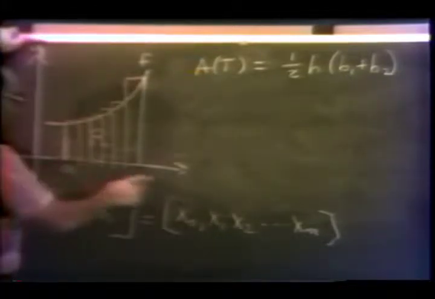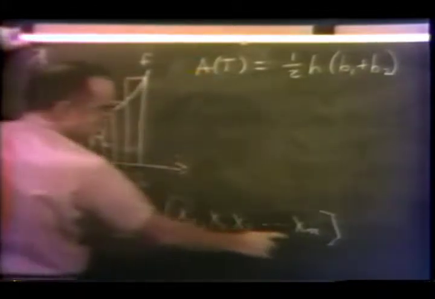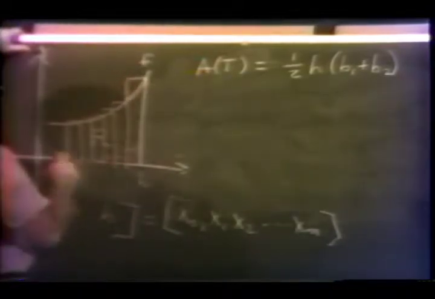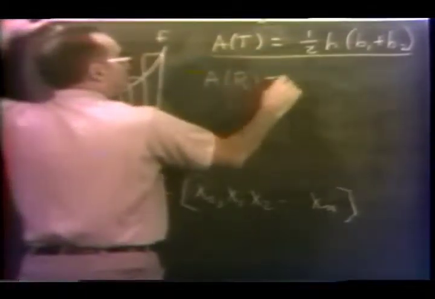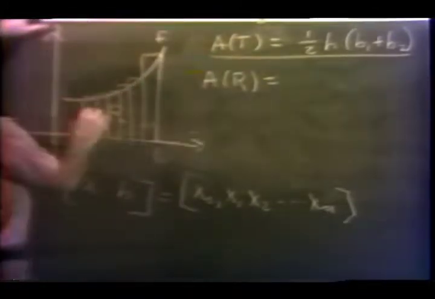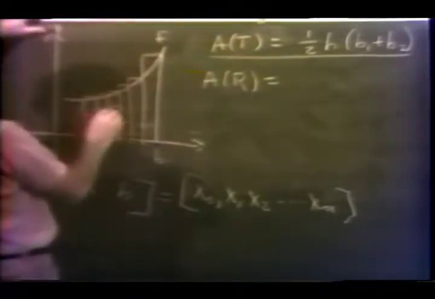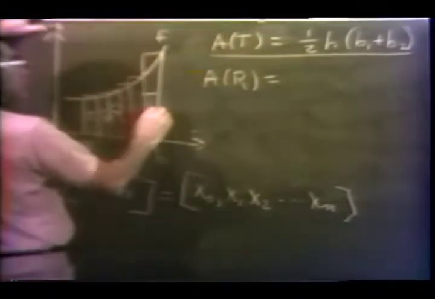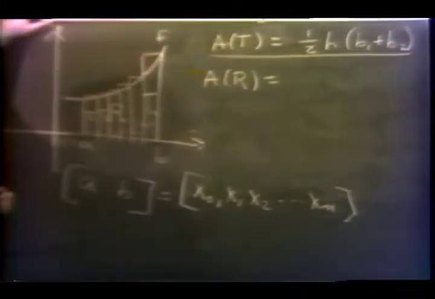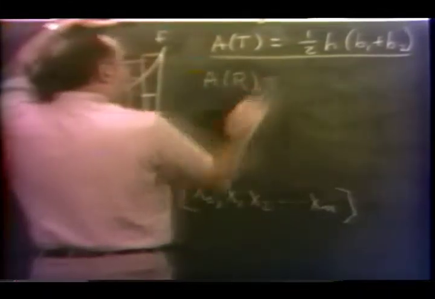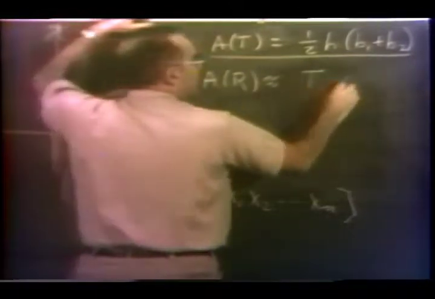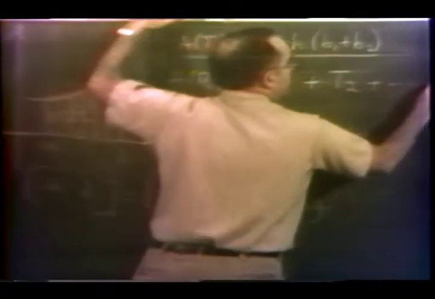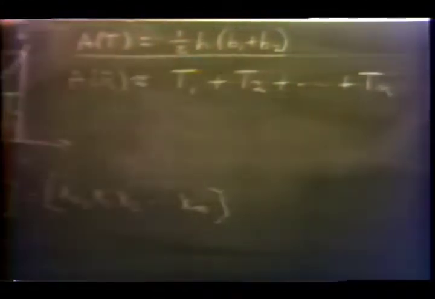So what we're going to do is take this interval, break it up into subintervals, and use the approximating idea of a trapezoid. So if we're looking at the area of this region here, with the pink boundary, we could call this trapezoid 1, trapezoid 2, up to trapezoid sub n, the last one. So we'll approximate that by the sum of the trapezoids.